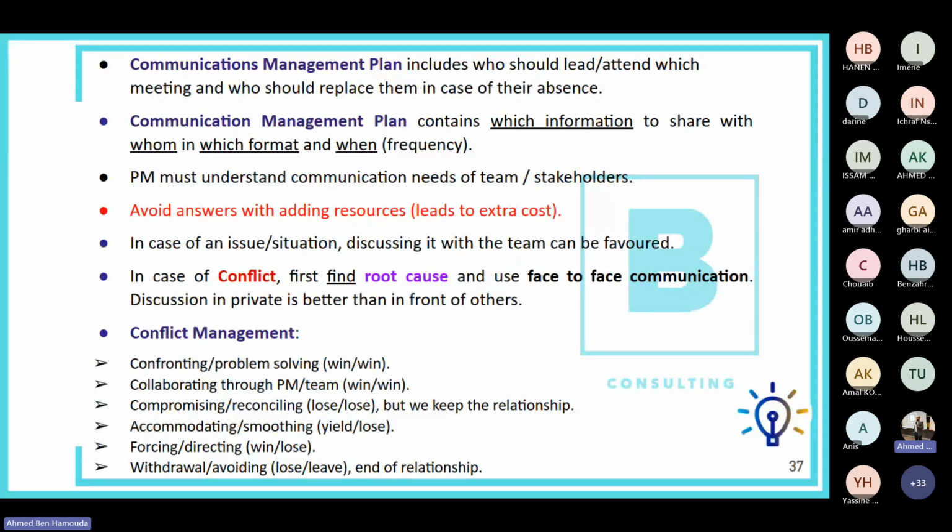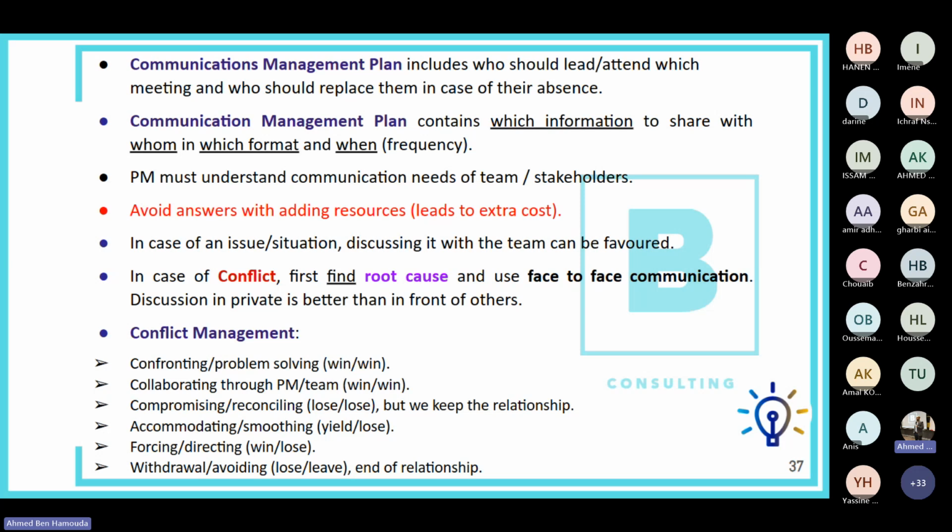Otherwise, we just accommodate or use smoothing. That's where some of the conflicting parties don't insist on their own objective this time. But again, that's not a permanent solution. Otherwise, in case some of the parties use their power to enforce a certain solution, that might lead to losing the relationship with the other party.